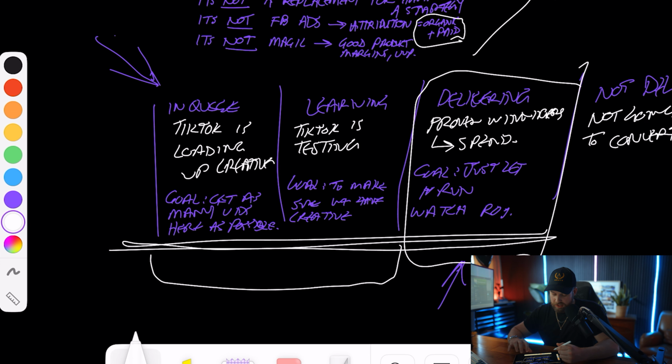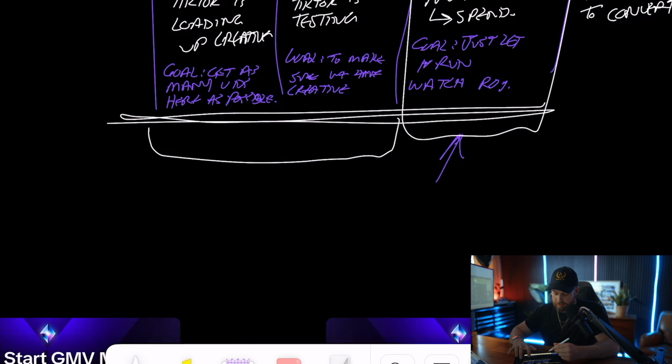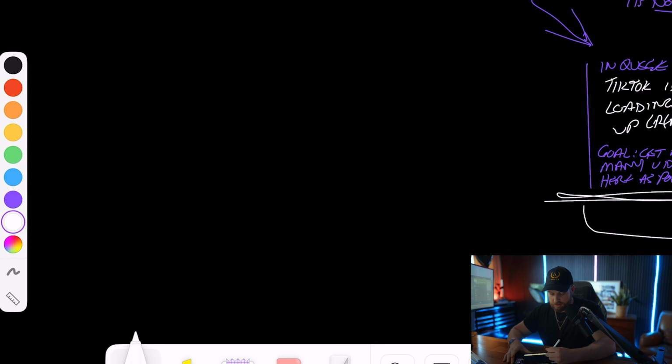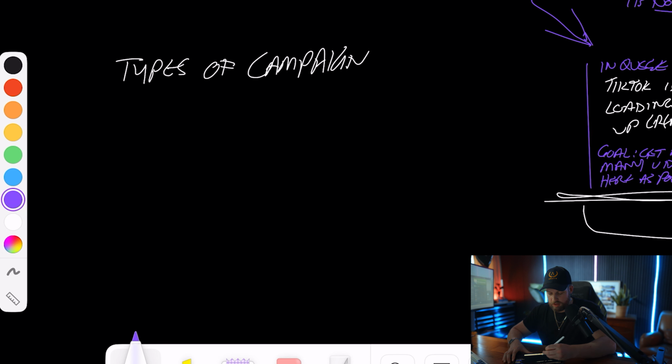Now, the next thing that we need to understand is the types of campaigns. So we're going to go over here and we're going to look at the types of campaigns. And this is what we mentioned earlier, which is we have target ROI and we have max delivery.